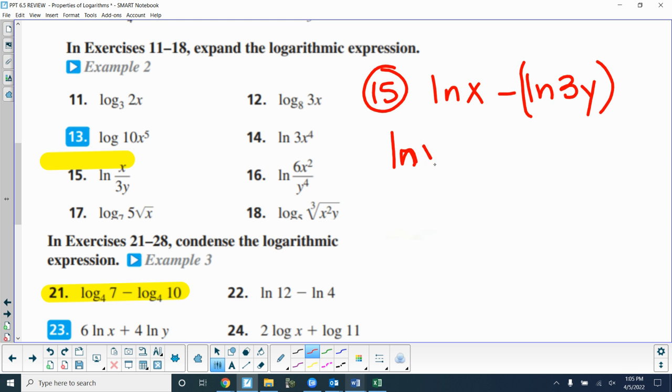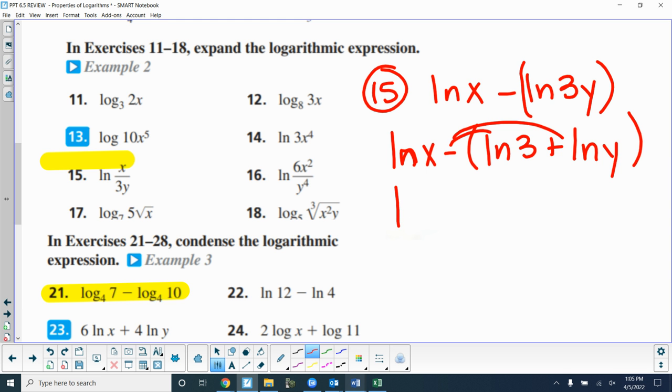So I've got natural log of x minus natural log of 3 plus natural log of y, right? Multiplication becomes addition. Division becomes subtraction when we expand. And then I got to distribute the negative to get rid of the parenthesis.